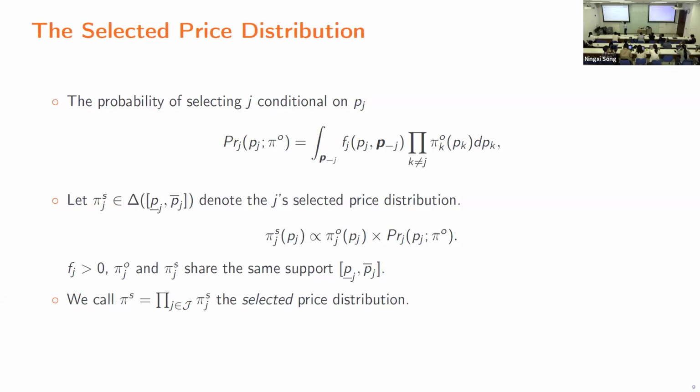But here, if there are 10 sellers or 10 alternatives, then the unknowns are 10 offered price distributions. So the unknowns are 10 functions. And I give you 10 functions that I observed, the 10 selected price distributions. I want you to spell out 10 functions. So now each unknown is an infinite-dimensional object. So this problem sounded very scary to me at the very beginning.